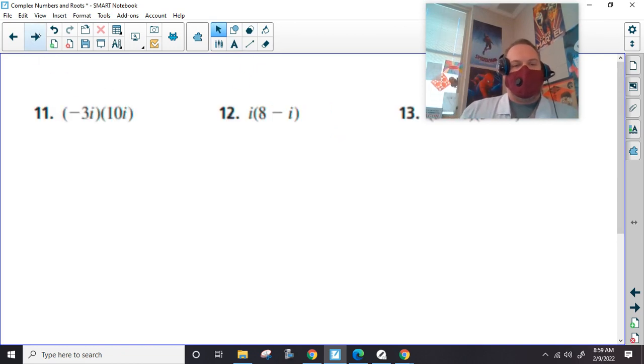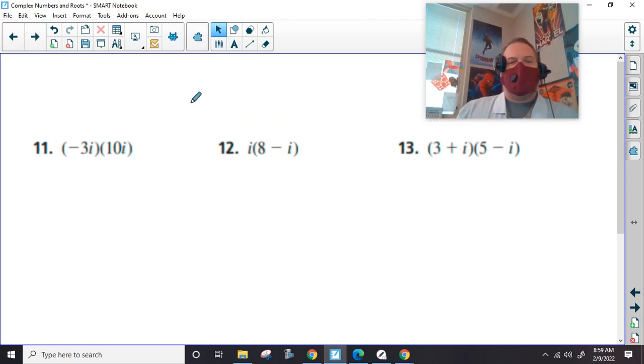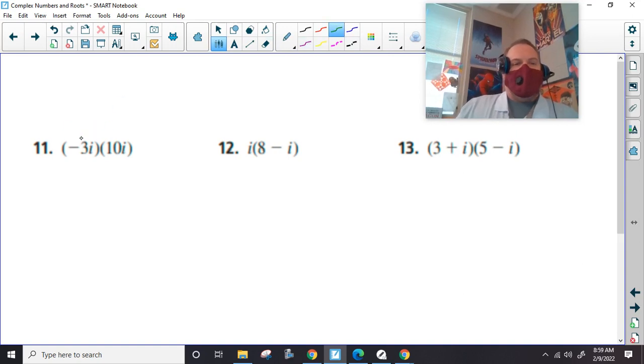All right. Number 11, and we can't see that. There we go. -3 times 10, -30. And this will be i squared. Well, we know i squared is -1, so we just get 30.